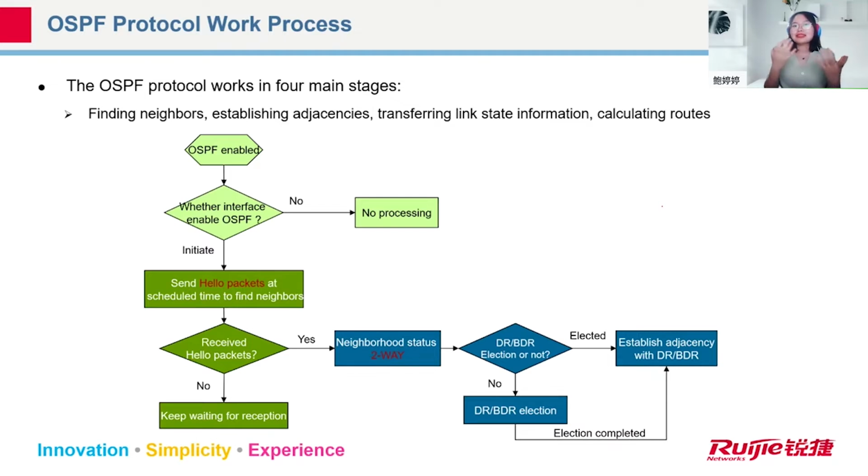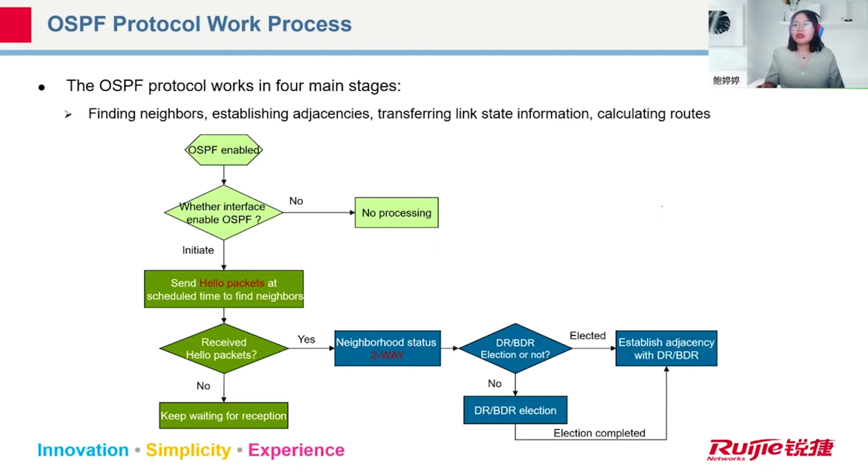So we select the DR and BDR, and I will send everything to the DR and BDR, and the DR and BDR get all the information in the network and uniformly send it to all the devices. So this is the reason for the DR and BDR.